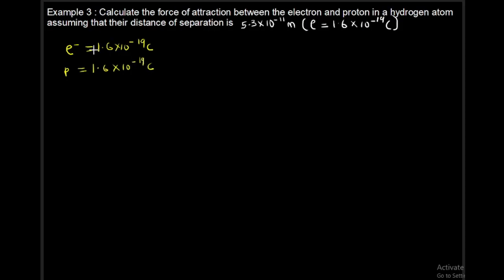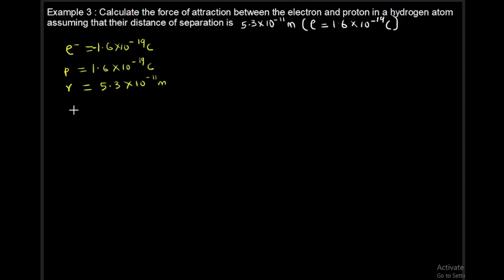The only difference is that electron is negatively charged, so we're supposed to have minus here. Assuming that their distance of separation, the distance between them, is 5.3 times 10 raised to the power minus 11 meter.